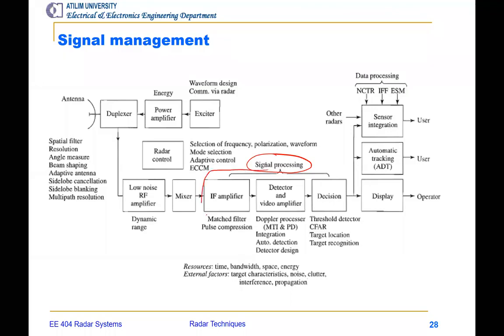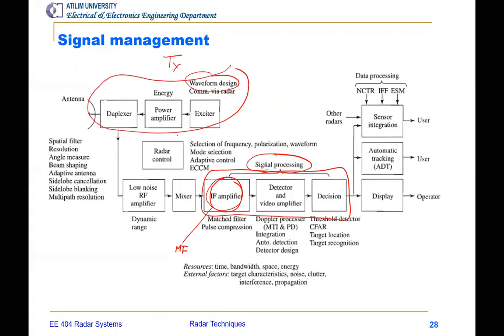So this block, we actually talk about IF amplifier, which was somehow match filter. And then we got detector and decision stage. When we inspect this picture, we see a waveform here. This is the transmitter side. And here is the receiver side.